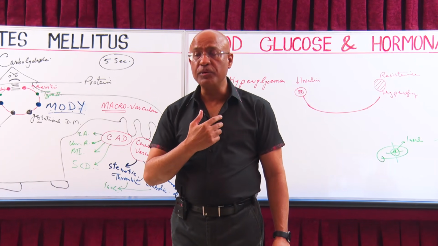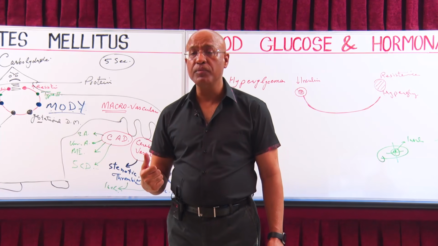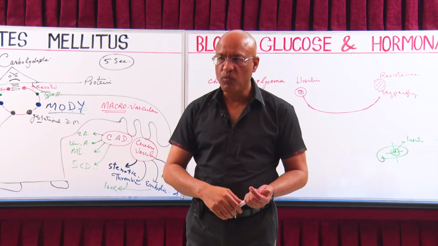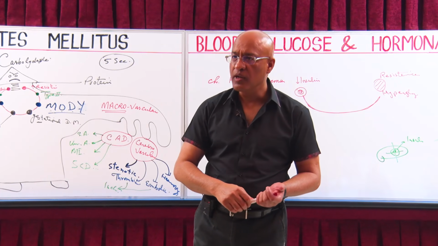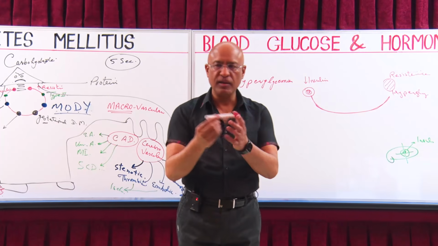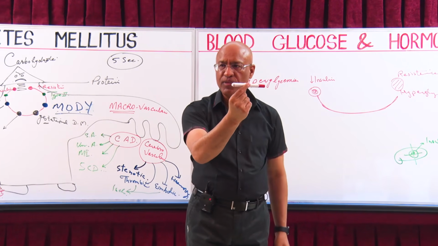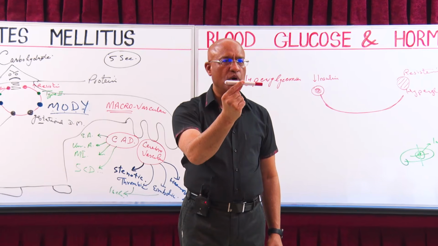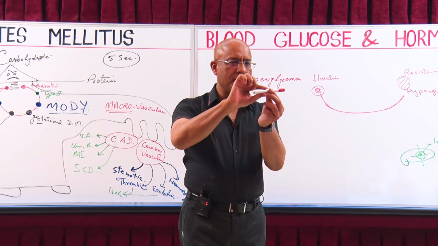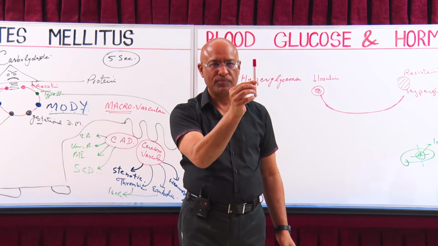Then in such patients who have autonomic neuropathy, they may develop orthostatic hypotension. What is orthostatic hypotension or postural hypotension? From a lying down position, for example, you are a normal person lying down or sitting, and due to some reason you suddenly stand up.